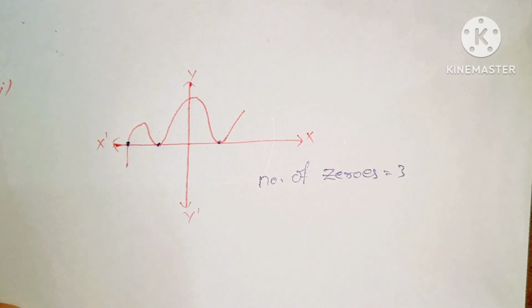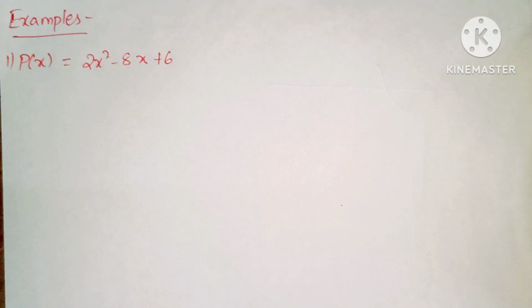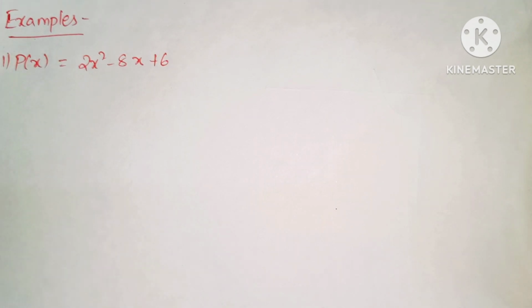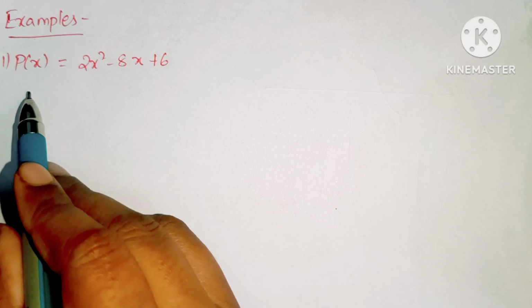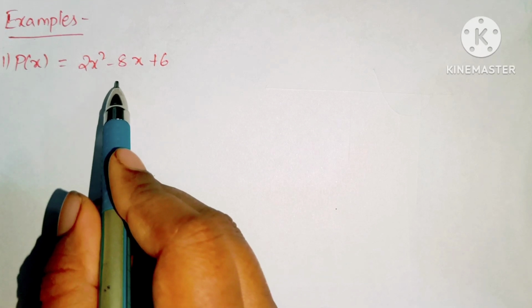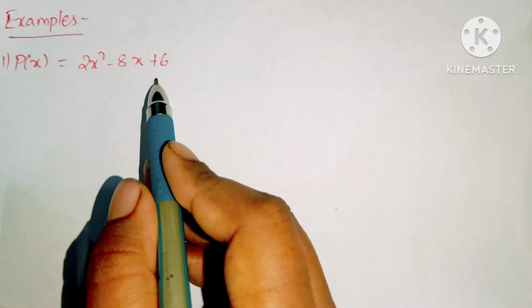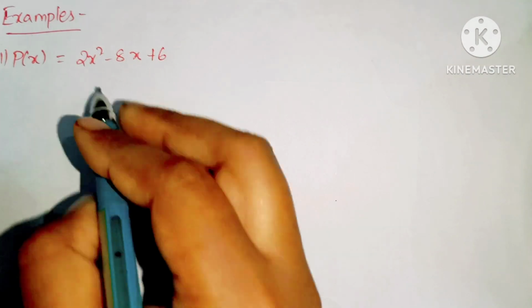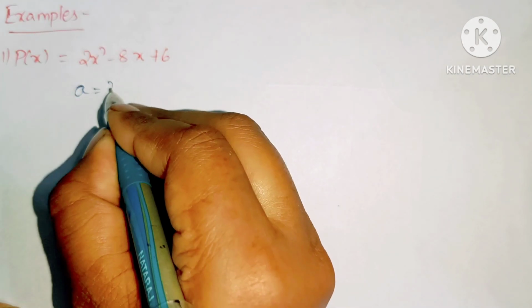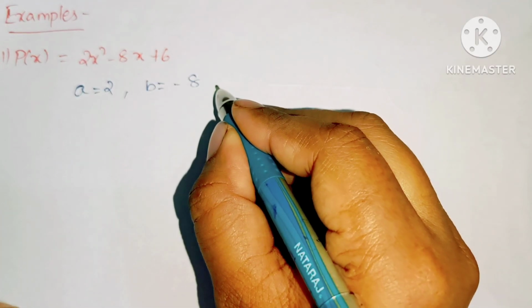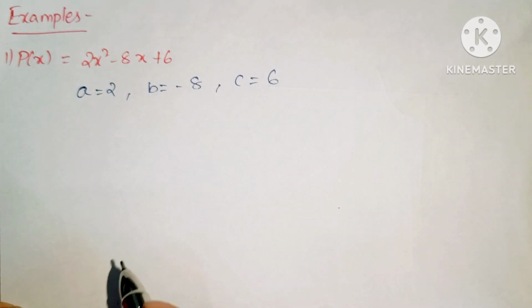Okay. So next, in this video I'm going to explain 3 examples regarding the next exercise, 2.2. I already explained the concept to you, right? So see here, first one, p of x is given as 2x square minus 8x plus 6, and he is asking to find out the sum of the roots and the product of the roots. Okay, so first write down a equal to 2, b equal to minus 8, c equal to 6.